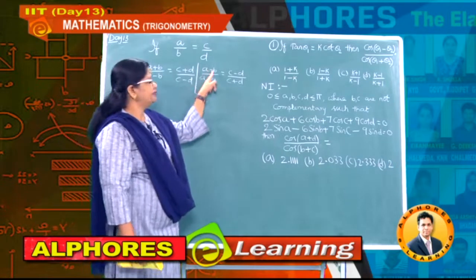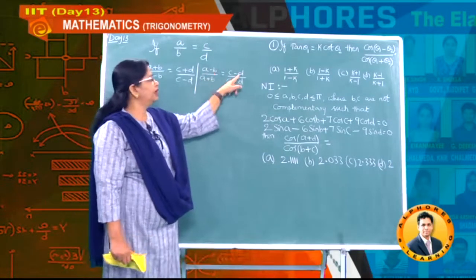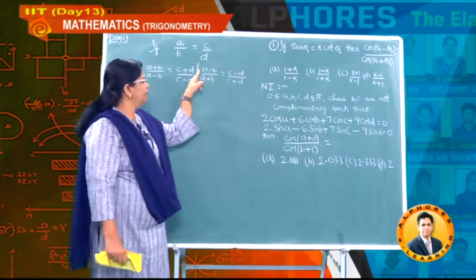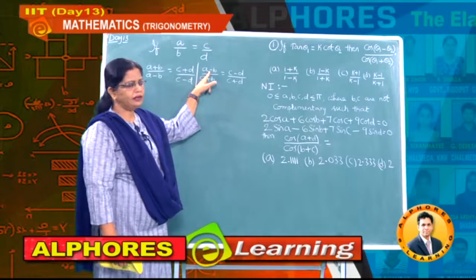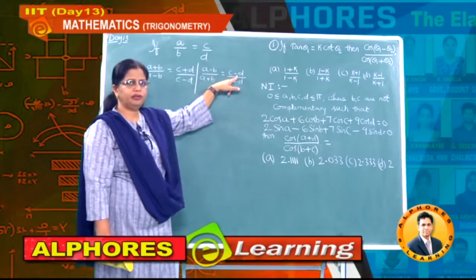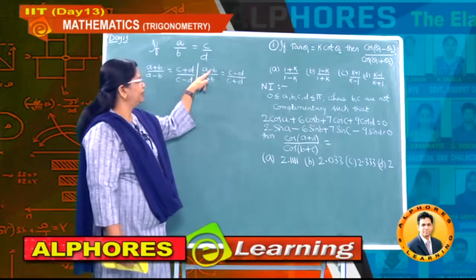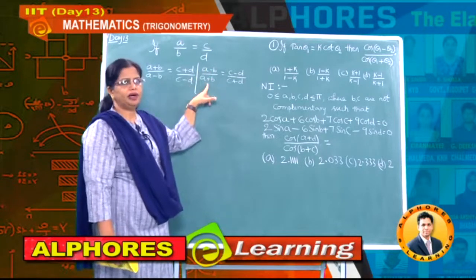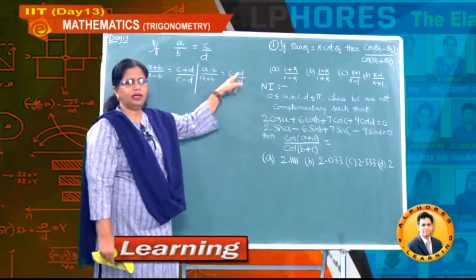Or else, if you start with the minus, even in the RHS you have to proceed with the same minus symbol. If you start with minus here, then on the RHS don't start with the plus symbol. However you started here, minus or plus, in the same order you have to write it in the RHS also.